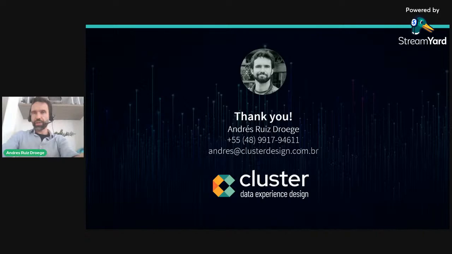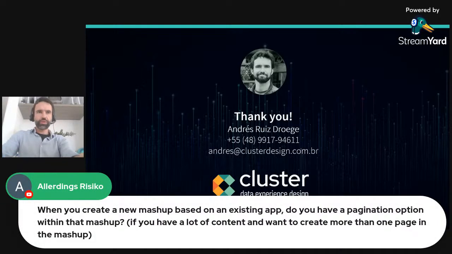There is a question here. When you create a new mashup based on an existing app, do you have a pagination option within that mashup, if you have a lot of content? Yes, I think we went through that in the demo.